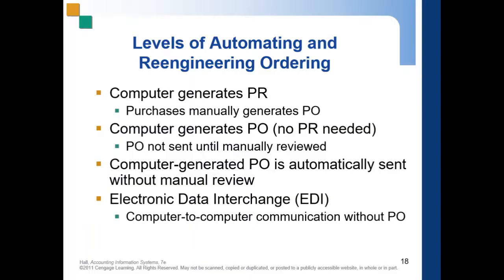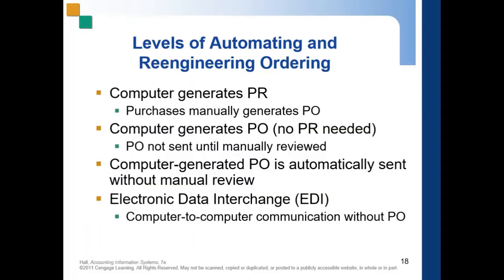Now, another level is when your computer generates the PO itself. So, meaning no PR is needed. With this, PO is not sent until manually reviewed. So, kani is sa PO na automatic ang PO sa imong system. Another level is computer-generated PO is automatically sent without manual review.